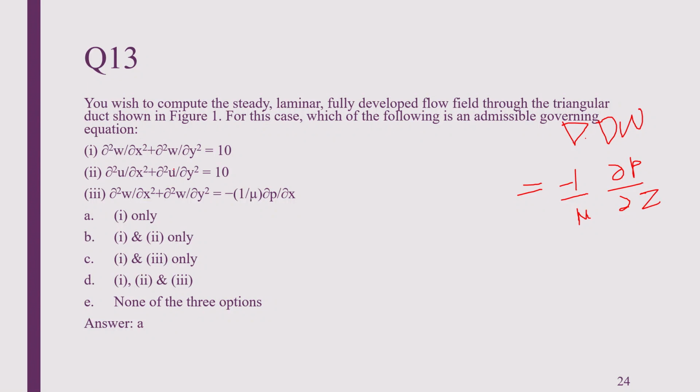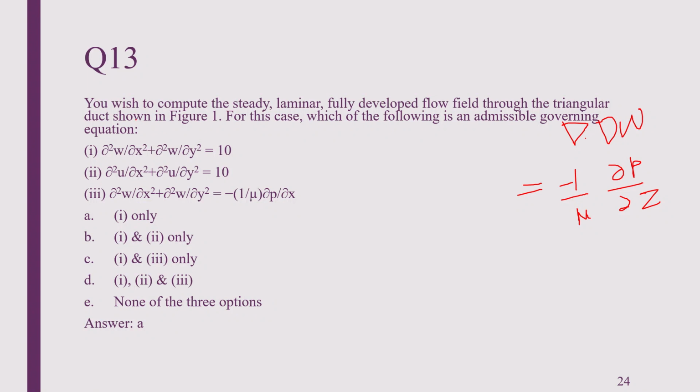So here what are the options given? Option 1 is ∂²w/∂x² + ∂²w/∂y² equal to 10. And option 2 is ∂²u/∂x² + ∂²u/∂y² equal to 10. Option 3 is ∂²w/∂x² + ∂²w/∂y² equal to minus 1/μ ∂p/∂x.